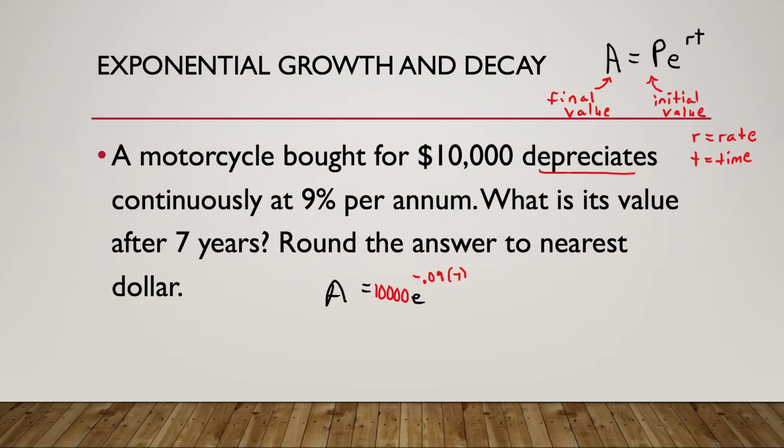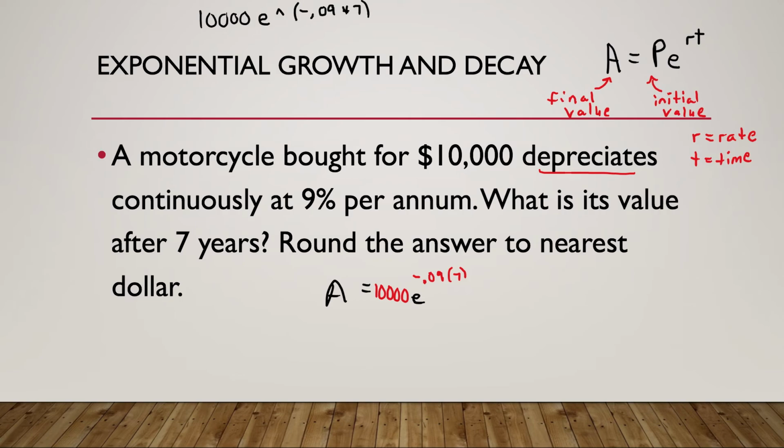And then all I need to do is go to my calculator and type that in using the e button on your calculator. So we would put the 10,000 in first. We would press our e key, and if it gives you the exponent, then you're ready to go. If it doesn't, you would need to use your caret key, and be sure that you put your exponent in a set of parentheses: negative 0.09 times 7.